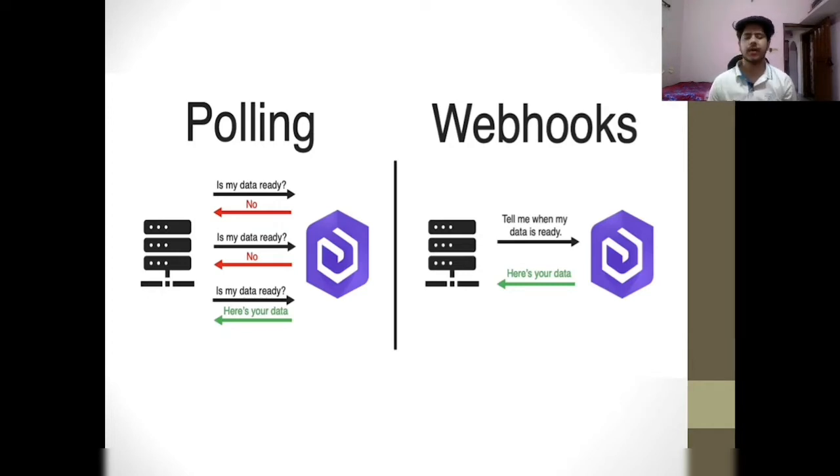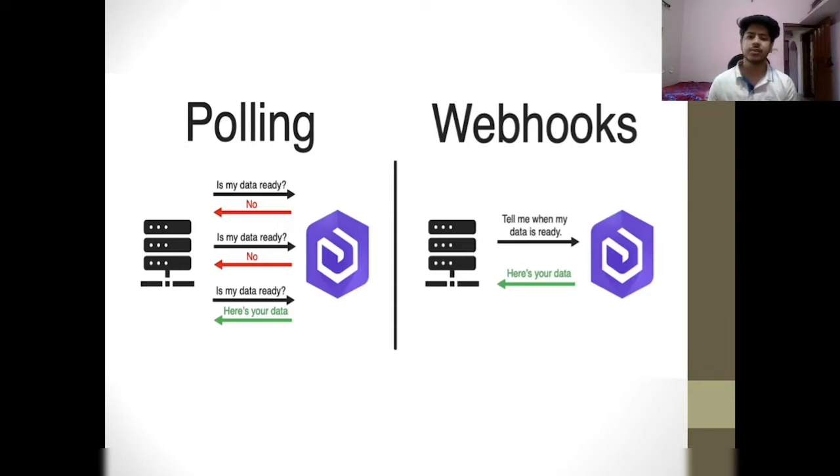So which is better? In case of polling, you are continuously asking the server if your data is ready, so you may lose some updates when multiple updates arrive at the same time. But in case of webhooks, the server will notify you that you have got this particular data.